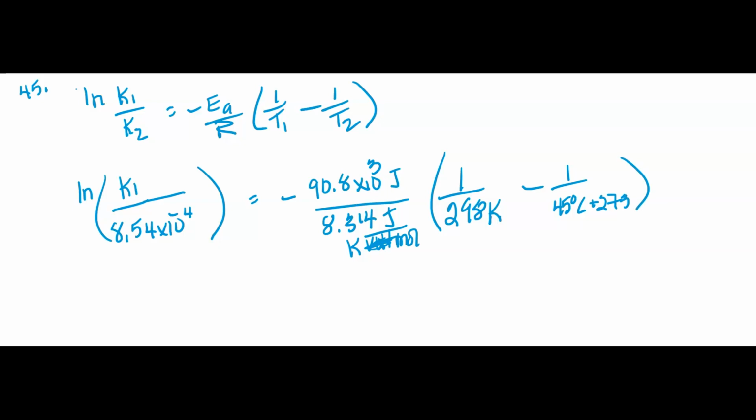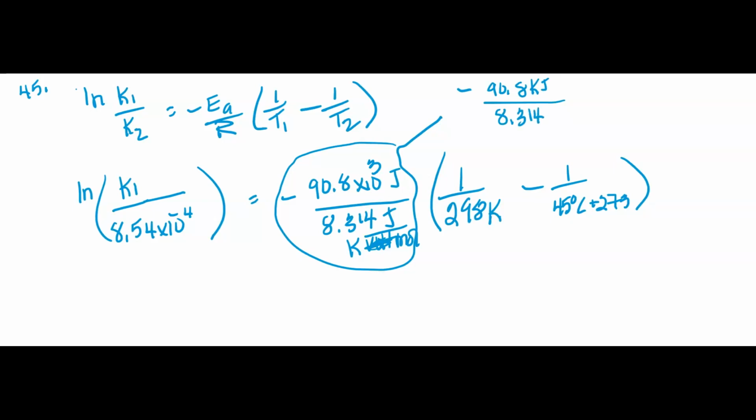I'm just going to say that if you had wanted to, you could have kept that in kilojoules, negative 90.8 kilojoules, but put it over 8.314 times 10 to the minus 3 kilojoule per mole K. So we just have to make sure that we're keeping the units consistent. Doesn't matter what they are, as long as they're consistent.